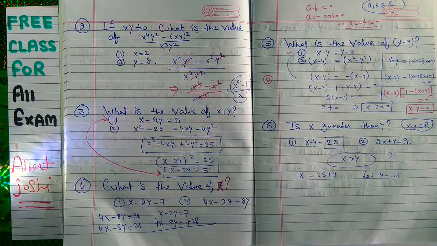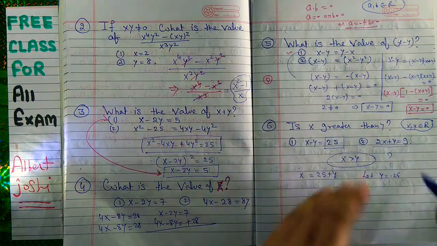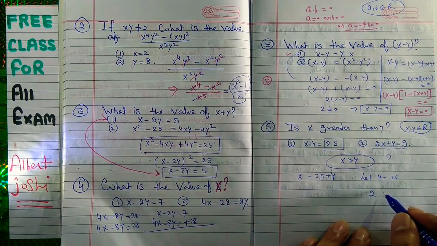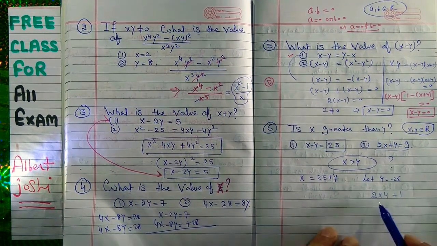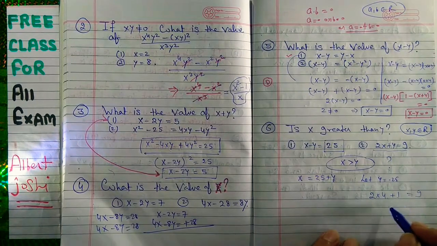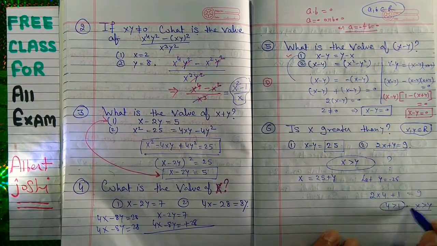So we can also use a contradiction. I can show you 2 into 4 plus 1, which is 8 plus 1 is equal to 9. So you can see that 4 is greater than 1. It means that x is greater than y. It is working.